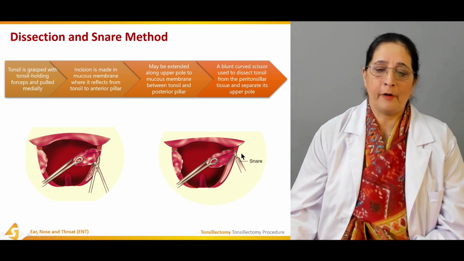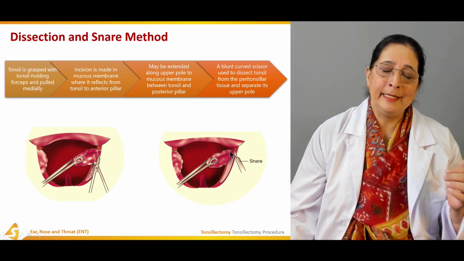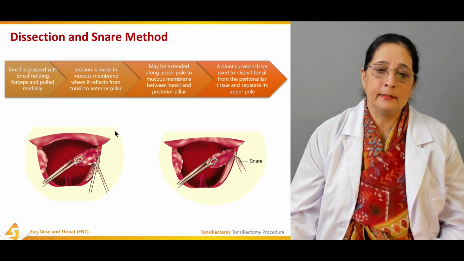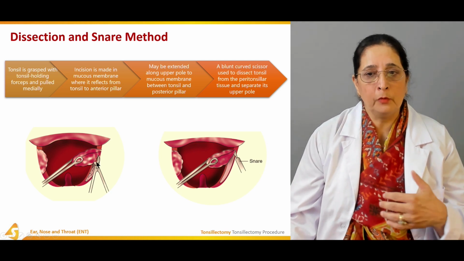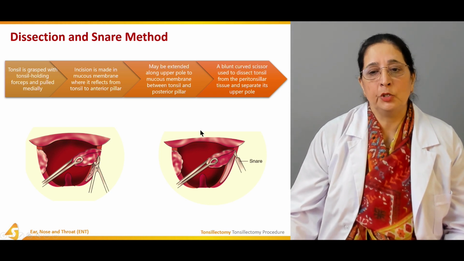So this is the grasping of the tonsil with the forceps, pulled medially, then the incision is given, and then scissors are used to remove the tonsil from the peritonsillar tissue and separate its upper pole.